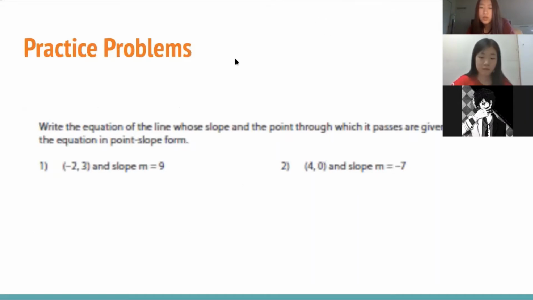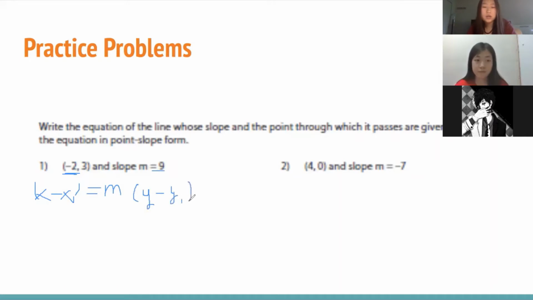Okay, I'll go over these. Basically, you use the formula x minus x1, which in this case is -2, equals m, which is 9, times y minus y1, which in this case y1 is -3.